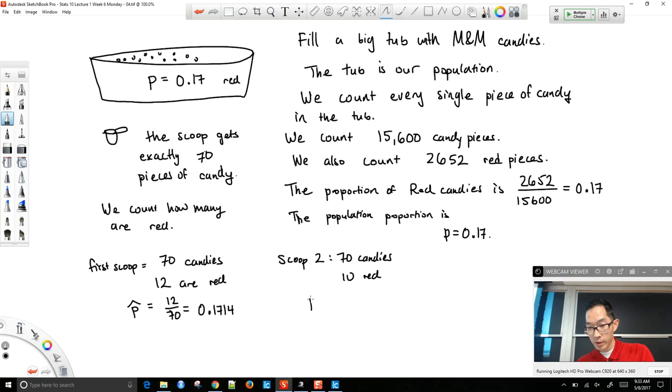So now my p hat is 10 over 70, 0.1429. We put this back and we repeat this. We repeatedly take different random scoops of candy.